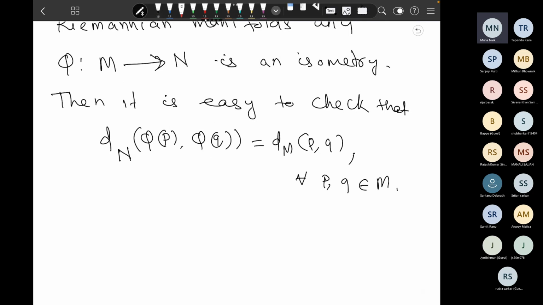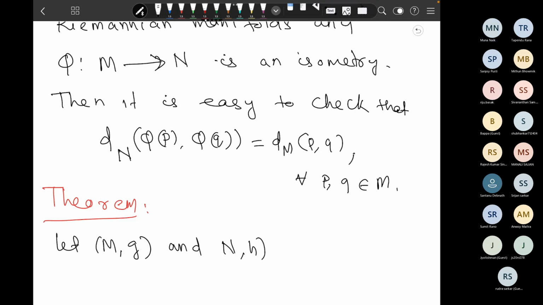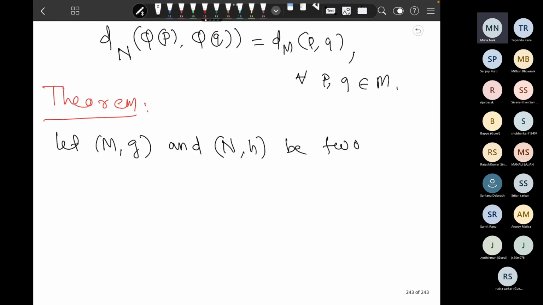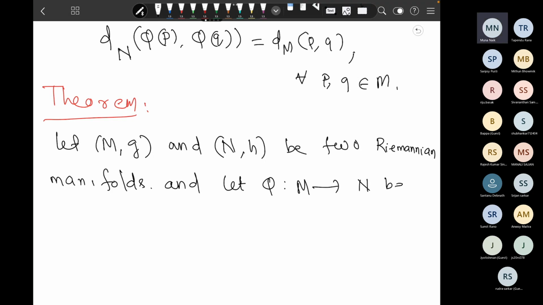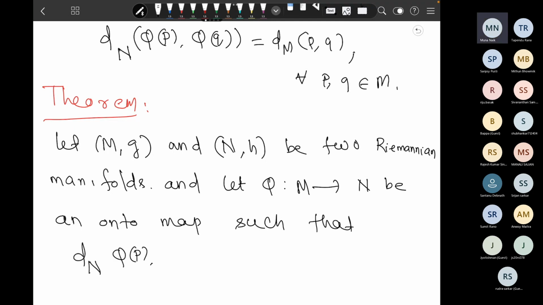So I would like to state that theorem. Let (M, g) and (N, h) be two Riemannian manifolds, and let phi from M to N be an onto map so that d_N(phi(p), phi(q)) is equal to d_M(p, q).